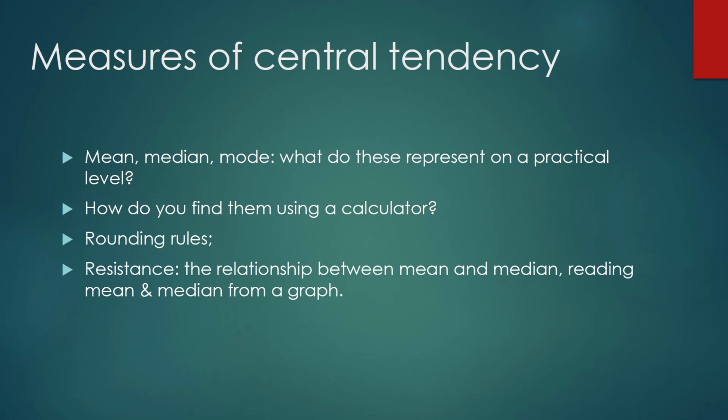So we're going to start with what we call measures of central tendency. By that we are referring to mean, median, and mode. Most people know the mean, but not necessarily by that term. They would refer to it as an average. The reason that we don't use average is because it is a little bit ambiguous.